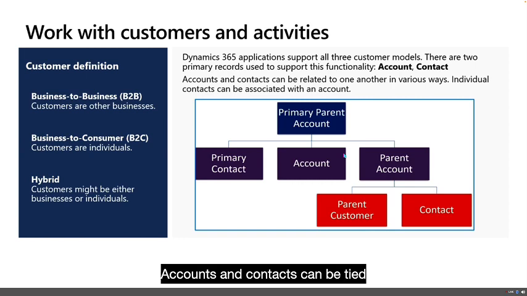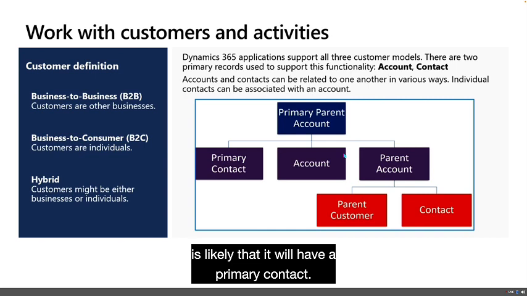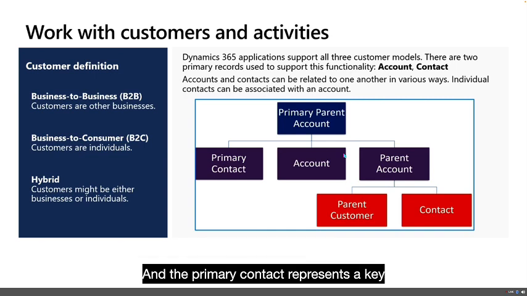Accounts and contacts can be tied to one another in a few different ways. You can have parent accounts with numerous accounts underneath them, and accounts and parent accounts can both have contacts associated with them. While an account might have multiple contacts, it is likely that it will have a primary contact. And the primary contact represents a key person at the organization that you are primarily going to be dealing with.